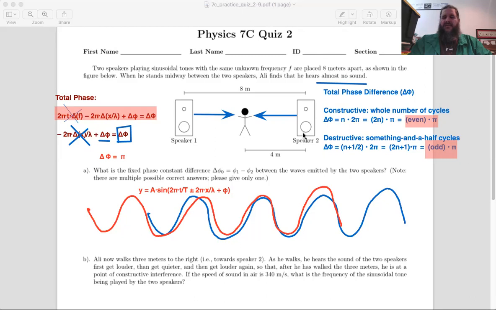And this is often something to look for if you've got a situation that you would expect to be constructive just because of the distances involved, like the exact center between 2 speakers. I would usually expect that to be constructive. But if it's destructive instead, that's presumably because of a difference in phase constant.